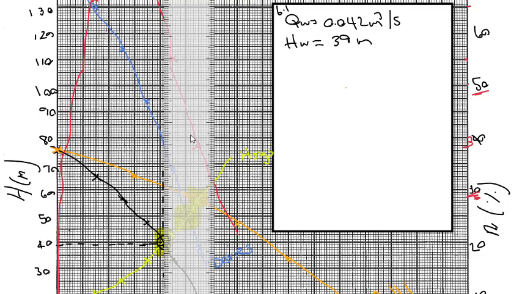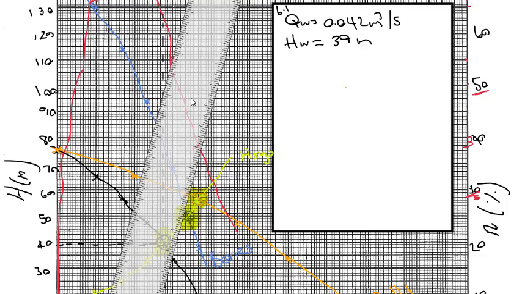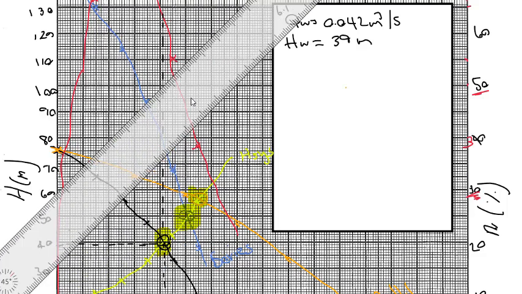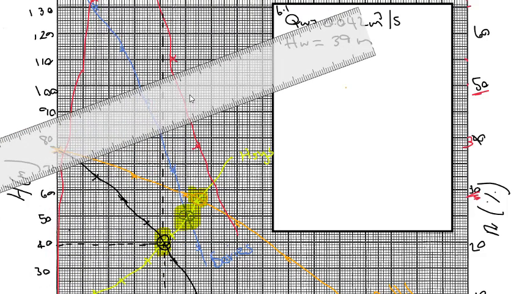So you'll move all the way up to where your efficiency curve lies, which will sit somewhere here. And if we turn our ruler horizontally, we can go and read off the efficiency.